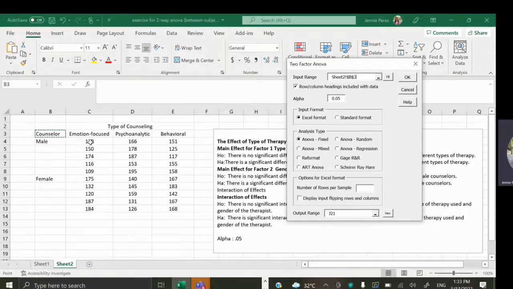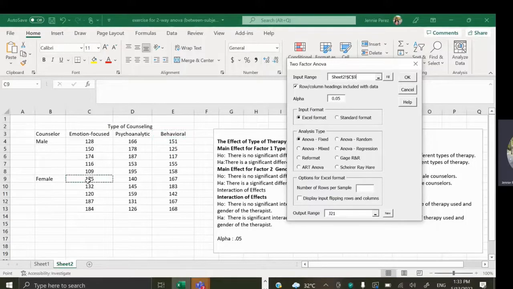There are 5 clients who had male counselors and went through emotion-focused counseling. And then we also have 5 clients who went through a male counselor and had a psychoanalytic type of counseling. And we also have 5 clients under a male counselor using behavioral counseling.